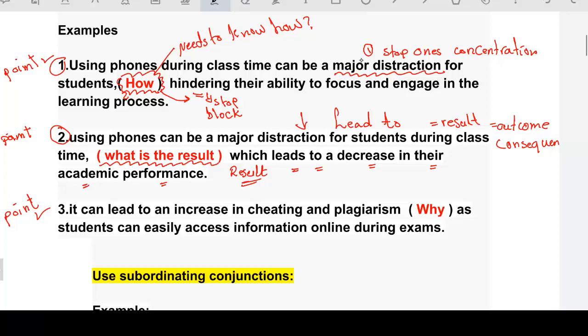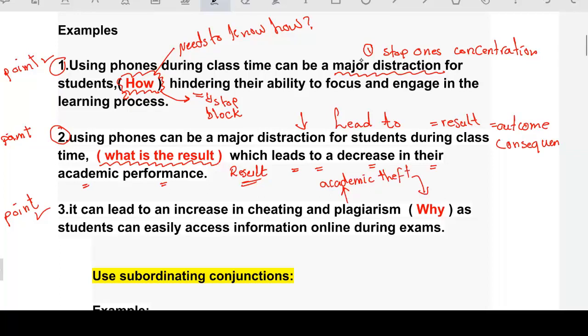The last point: answering the question why. If there is a reason, it can be added. He told the reader here a new point. It can lead to an increase in cheating and plagiarism. Plagiarism means academic theft.